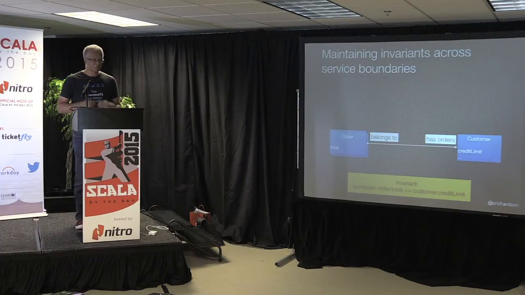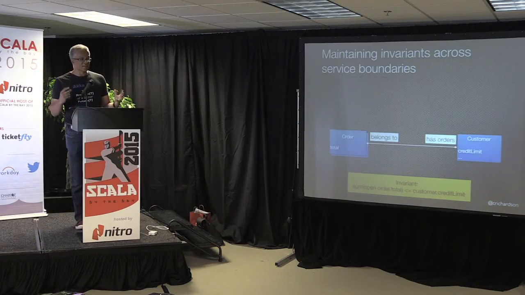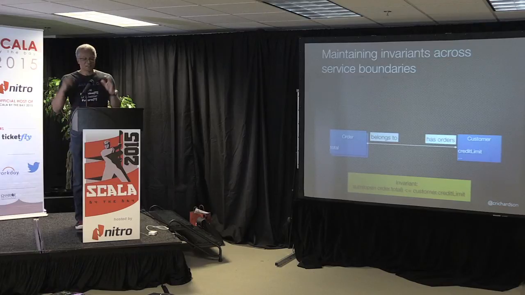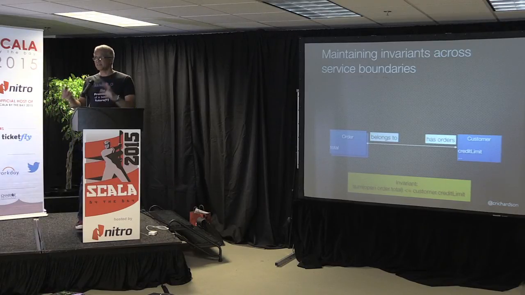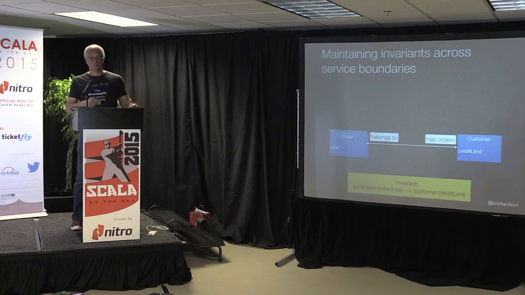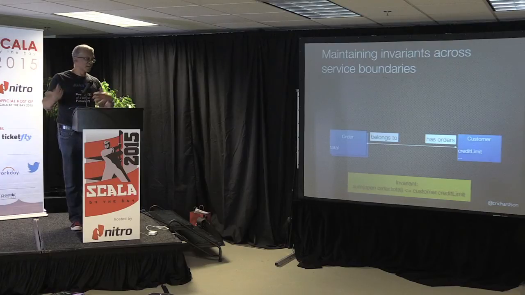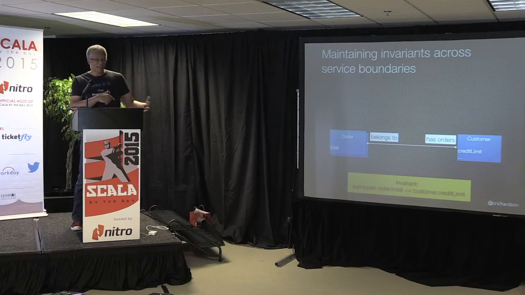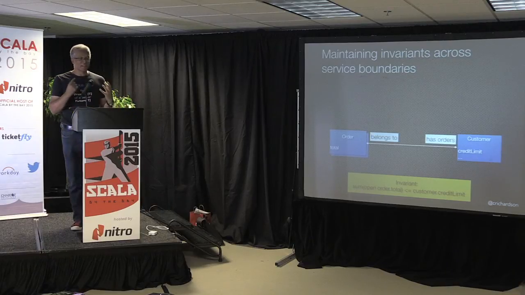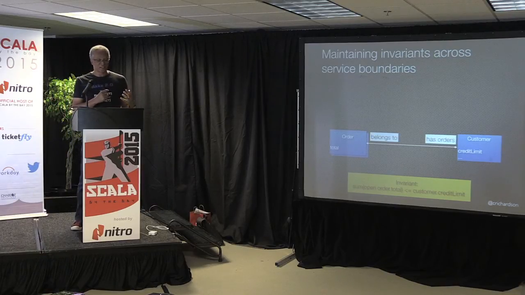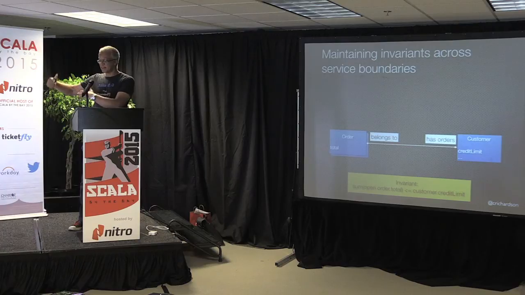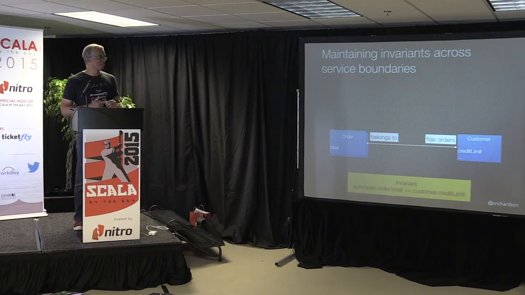In a standard relational database, you can enforce that constraint just by using transactions, right? You begin a transaction, you check the credit, you create the order, you commit the transaction, and the properties of serializable transactions will ensure that that constraint is observed.